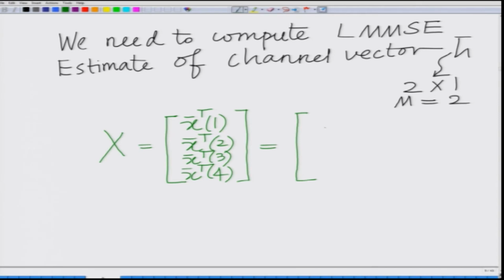So, this will simply be 5 4, 4 5, 3 4, 4 3, and this is the pilot matrix.